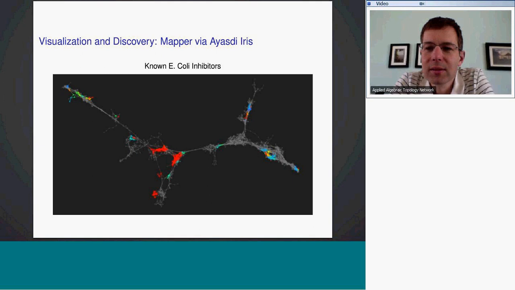If I look at E. coli inhibitors, they're in a different region of the space. So I'm able to separate them out from antibiotics. And the structural fingerprints are distinguishing between the bioactivity of these compounds, even though the difference is very subtle if you were to just look at the compounds.